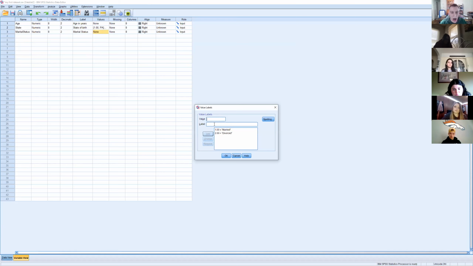We'll say 3 is equal to separated. Then 4 would be equal to widowed. And then we can say 5 is equal to never married.